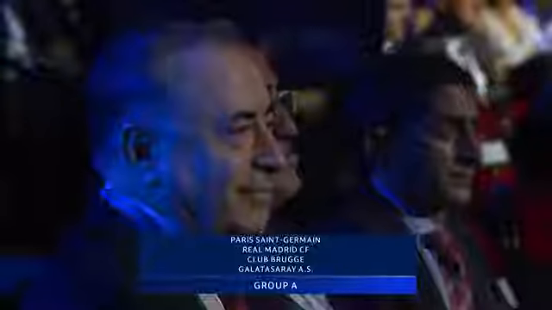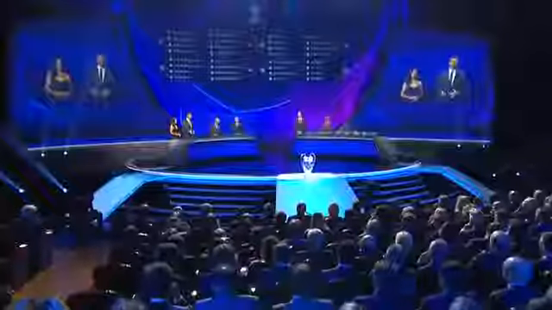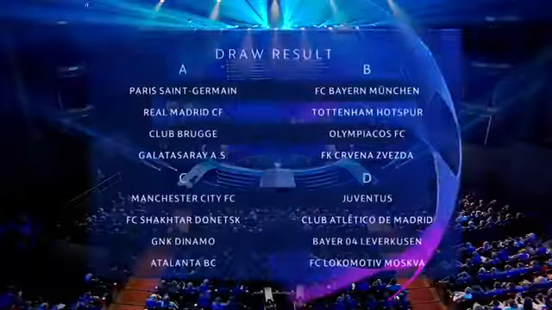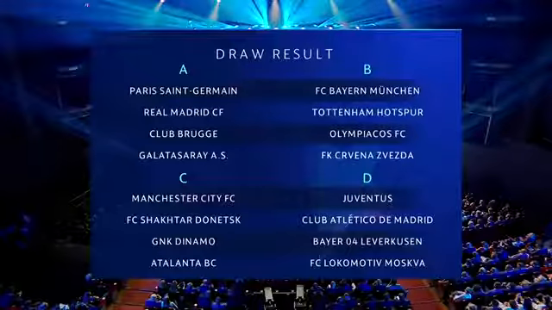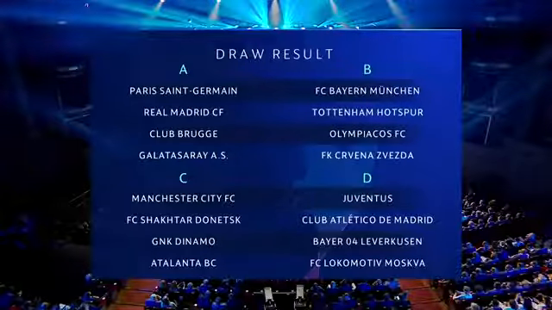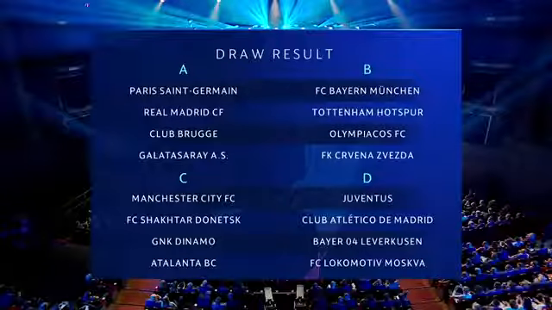The lineup for next season's UEFA Champions League group stage has been set. Let's go through the 8 groups, starting with A. We'll have Paris Saint-Germain, Real Madrid, Club Bruges, and Galatasaray. In B, it's Bayern Munich, Tottenham, Olympiacos, and Red Star. In Group C, debutants Atalanta will be facing Manchester City, Shakhtar Donetsk, and Dinamo.